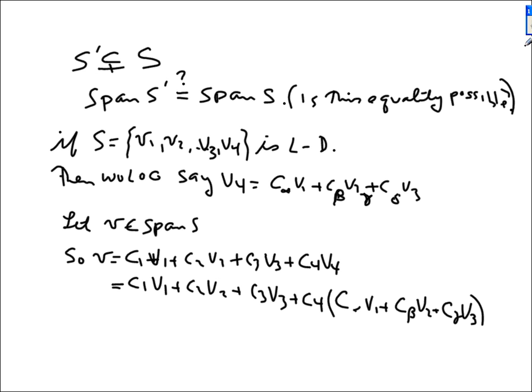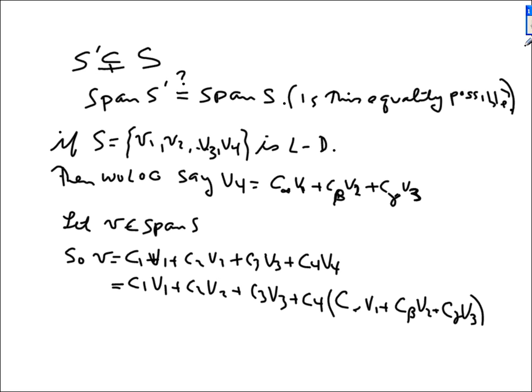Okay, so let me fix that. I didn't need 4. V2, C sub gamma, V3. Sorry about that.